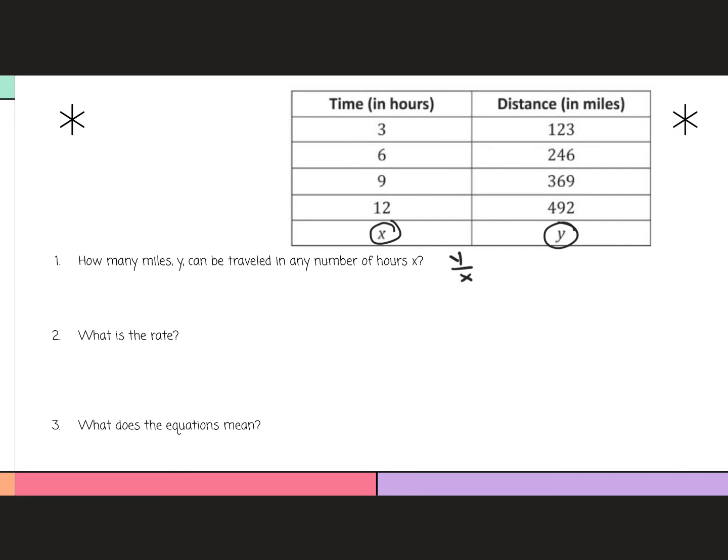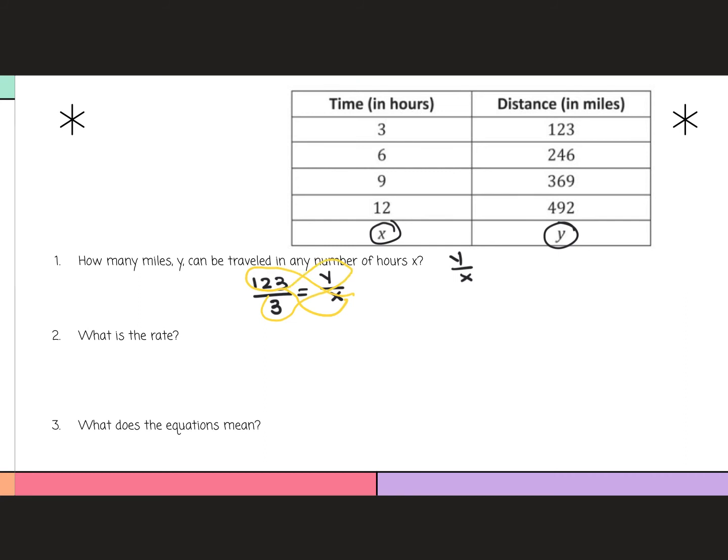We know that we have 123 over 3, and that's going to be equal to y over x. Again, we can use this proportional relationship to solve. I'm going to cross multiply.